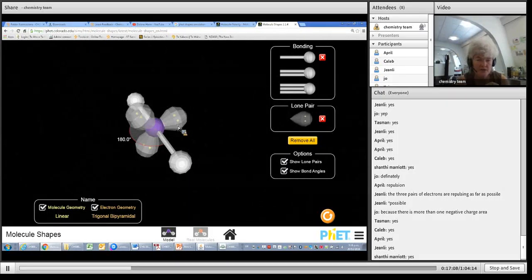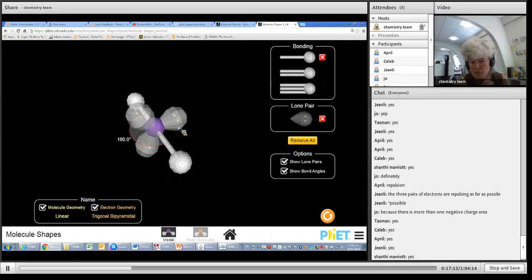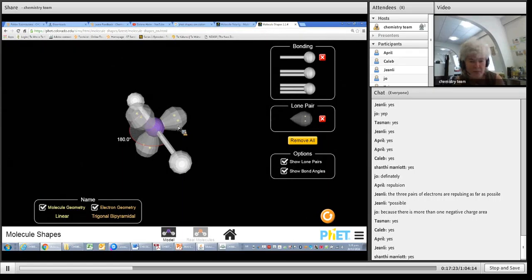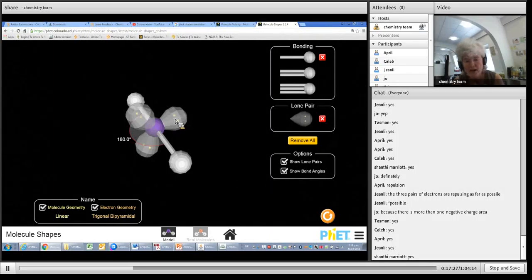And because of that, it can spread out a bit and it repels a bit more, whereas bonding electrons are sort of pulled by 2 nuclei, so they've got a narrower focus, they don't spread out as much. So because these repel a bit more and they spread out a bit more, they try and get maximum repulsion from each other.